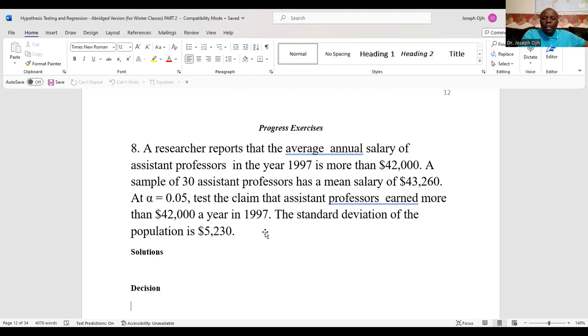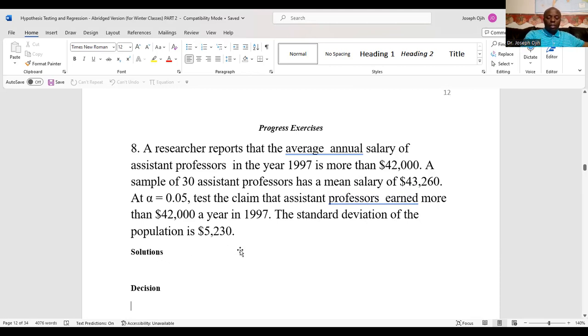A sample of 30 assistant professors has a mean salary of 43,260. At alpha 0.05, there's the claim that the assistant professors earned more than 42,000 a year in 1997. The standard deviation of the population is 5,230.